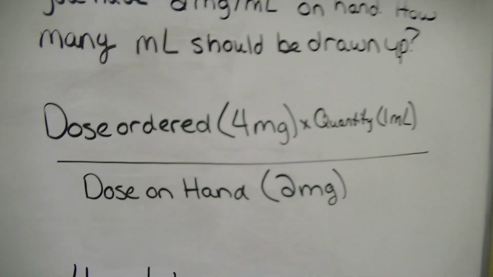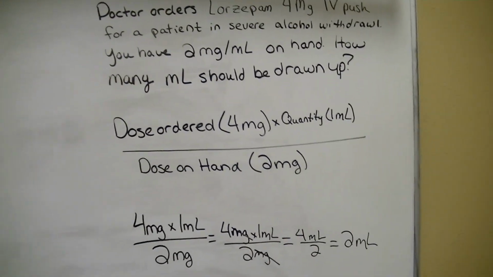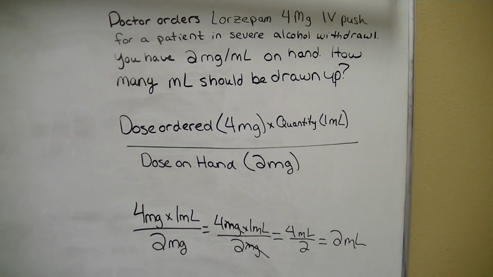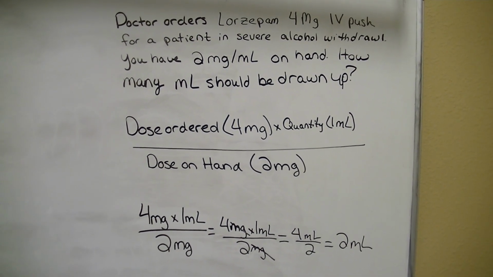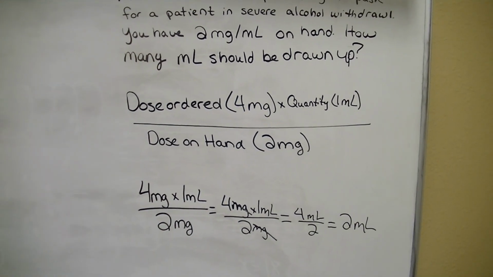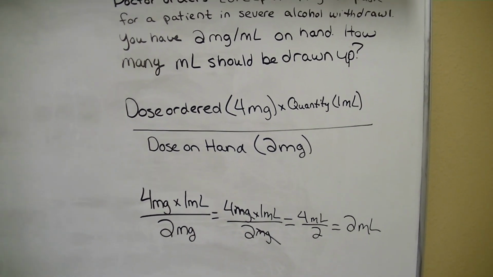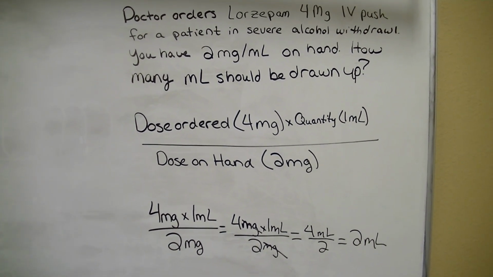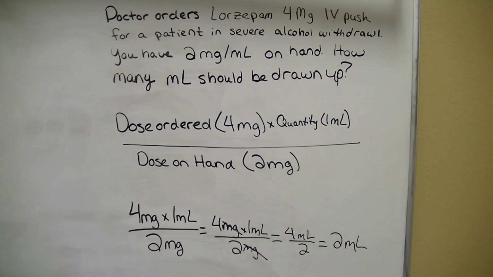Now, where did I get that from? Let's back up and look at the big picture. Our 4 milligrams is what they ordered. The 2 milligrams per milliliter is what we're dividing by. Remember, when we divide, we flip it. That's why the 1 is on the top and the 2 is on the bottom. In other words, the 1 milliliter is on the top and the 2 milligrams is on the bottom.